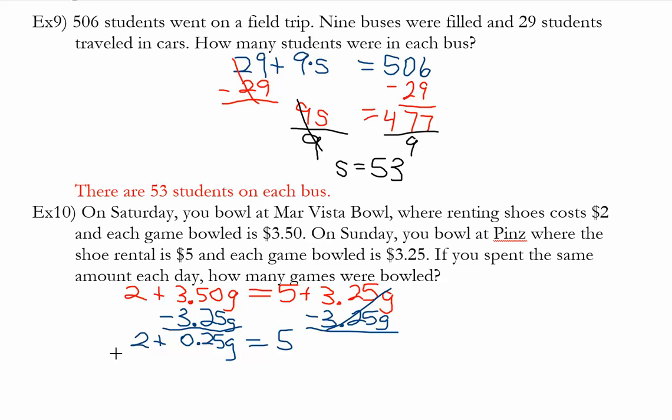Next step, we've got to remove this constant, so I'm going to subtract 2 on both sides, resulting in 0.25g equaling 3, with the final step being to divide away the 0.25.